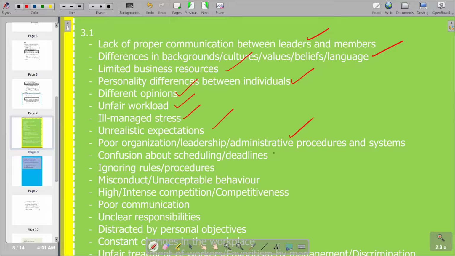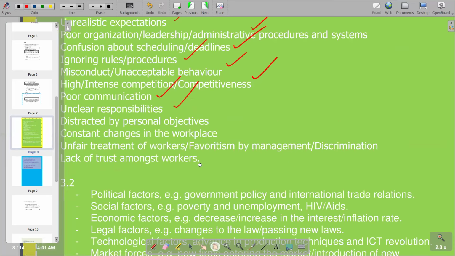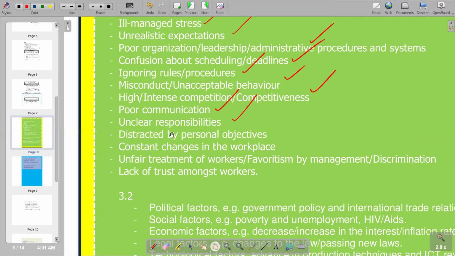Then we've got confusion about scheduling, that is, confusion about deadlines. And then we've got ignoring rules or procedures, misconduct or unacceptable behavior, and high or intense competition. We also have poor communication and unclear responsibilities, and being distracted by personal objectives.